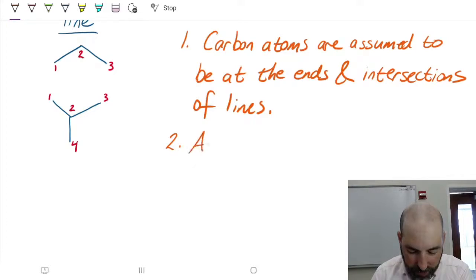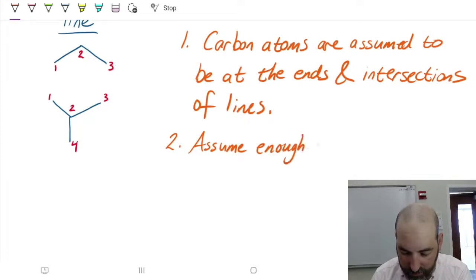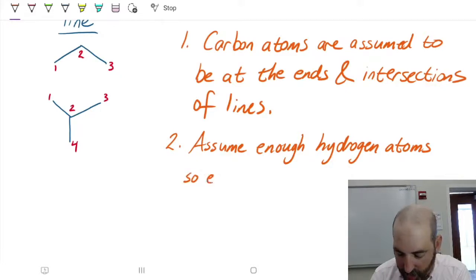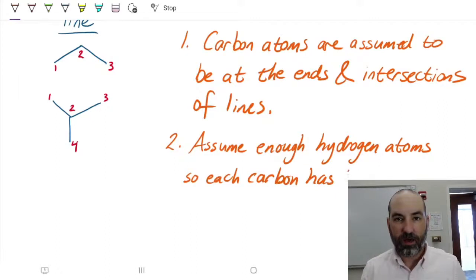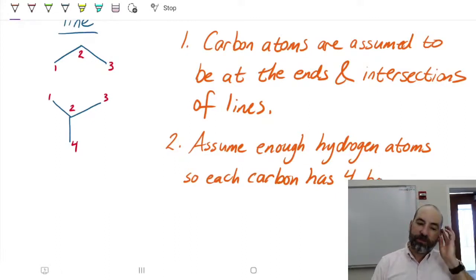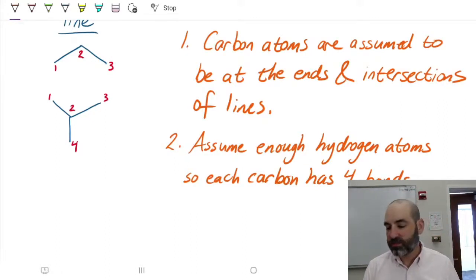We're going to assume there's always enough hydrogens so that each carbon has 4 bonds. All right, so we're using our rules from yesterday to allow us to simplify the structure, just like we did with the condensed structures.